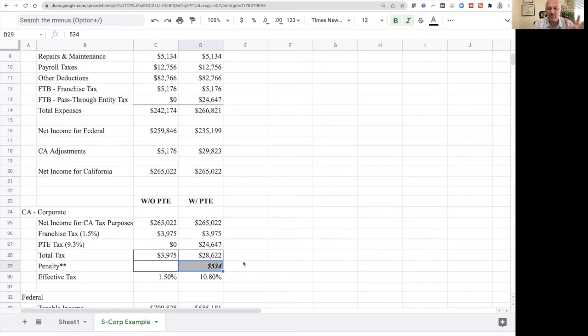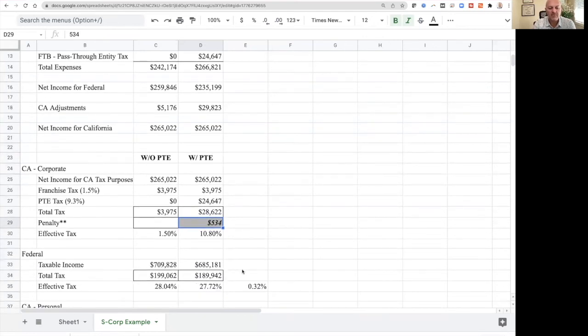So there isn't a penalty for underpayment because the actual tax is 24,647 is not due until the tax filing deadline. So the reality is there should not be a penalty calculated. Now our tax software calculated that. There might be other softwares out there that don't calculate that, but if it does, I would recommend you override it and not calculate that penalty.